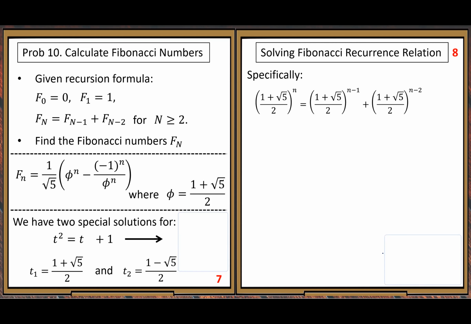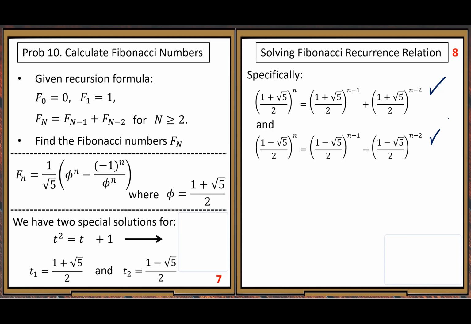If you plug t1 into the given recurrence relation, no problem, because we solved the equation from there, so plugging back in must be correct. The second, t2, if we plug it in, we also have this identity. These are two correct equalities.